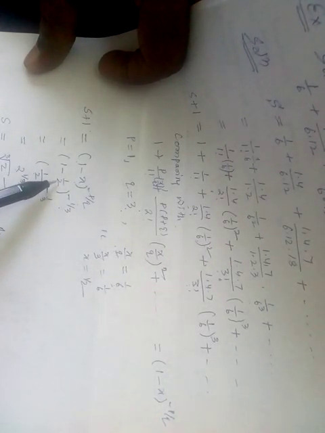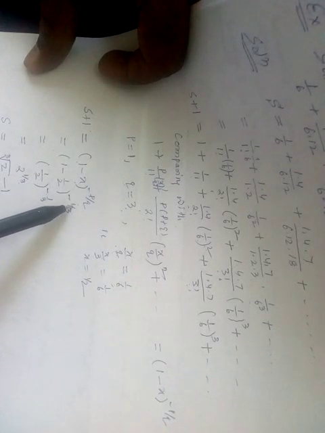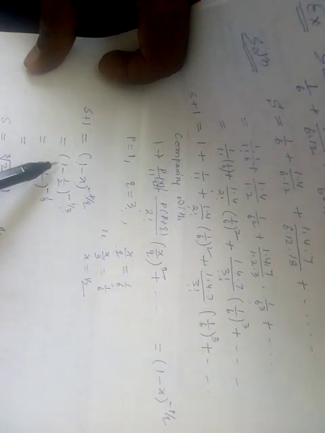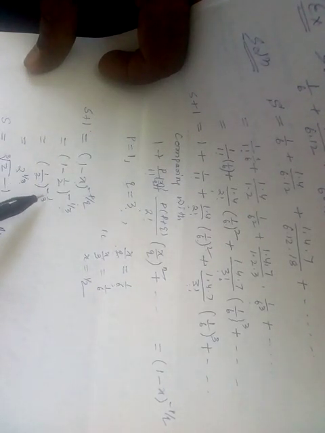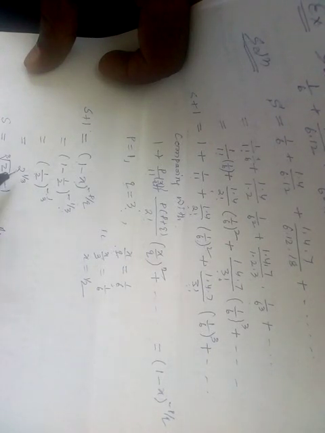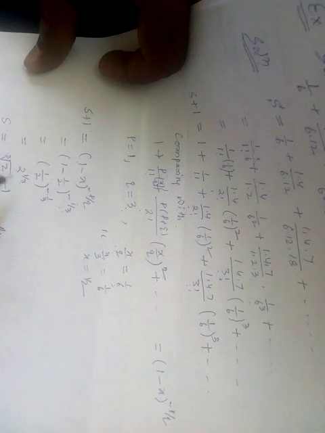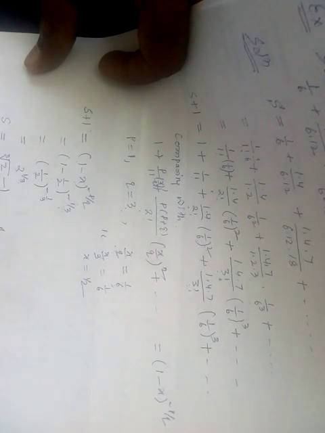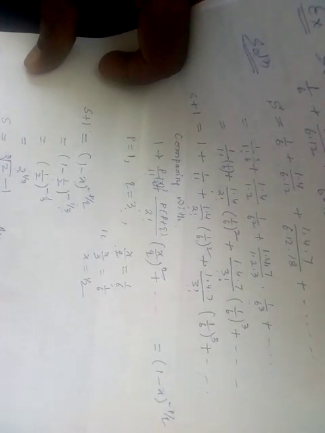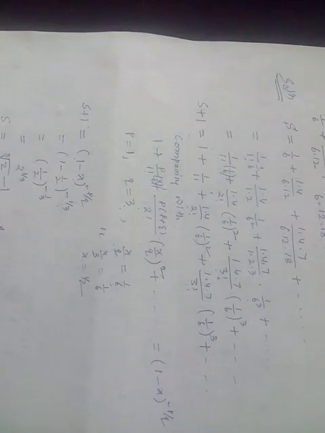First I substitute x value 1 by 2, p value 1, q value 3 and simplify this, you will get 1 by 2. To make the power positive, I take the reciprocal of the base. Now you got 2 power 1 by 3. Then the plus 1 on the LHS, I will take to the RHS. Finally I get S is equal to cube root of 2 minus 1. This is called the sum of the given series.